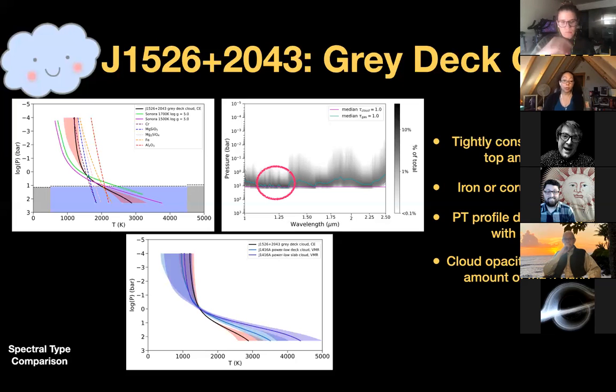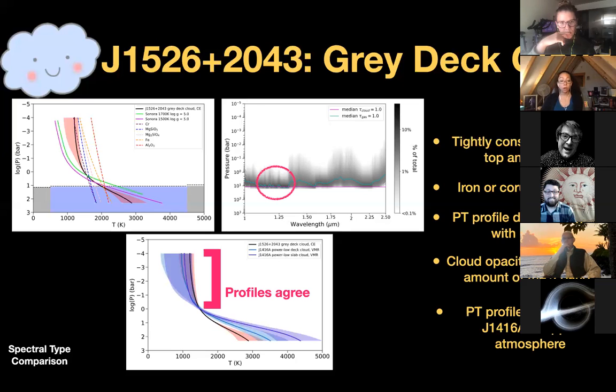And the bottom plot is comparing the pressure temperature profile of 1526 in pink to the two different profiles for 1416A. And what we notice is in the upper atmosphere where we're least tightly constrained, these objects agree, but when we move to the photosphere where we're more tightly constrained, we see 1526 is in fact cooler while 1416A is hotter.